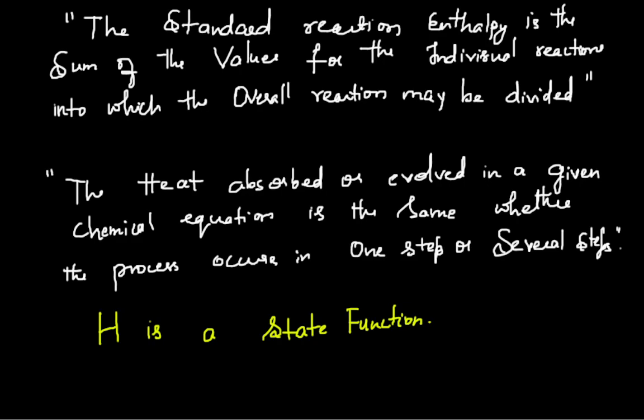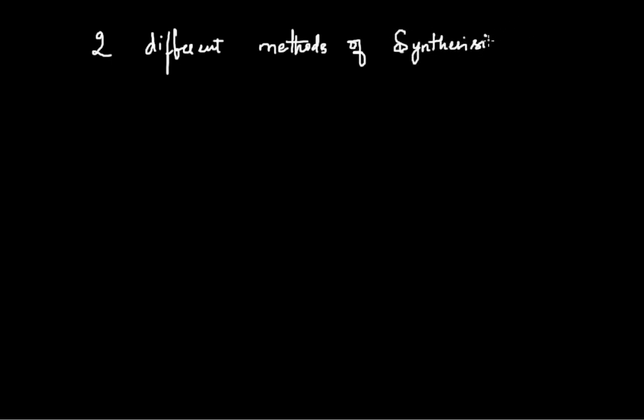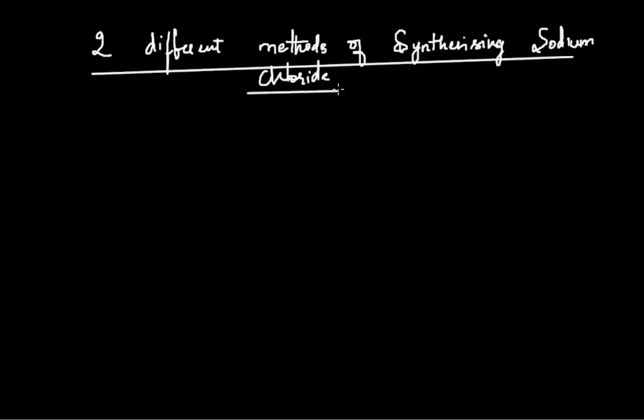There are two different methods of synthesizing sodium chloride. Sodium chloride is table salt, NaCl, made from sodium and chlorine. So what is method one?